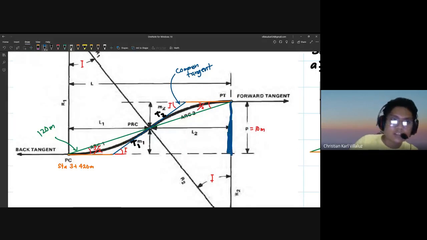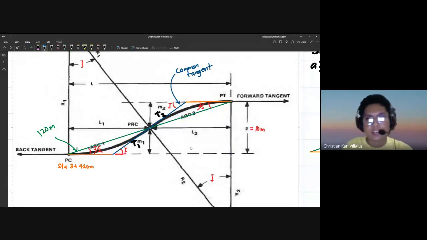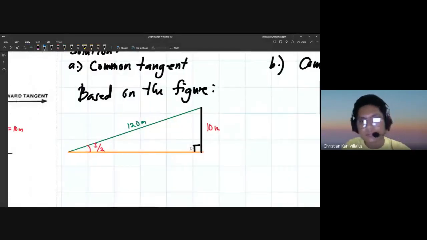Galing dyan, makaka-form tayo ng right triangle kapag kinuha natin tong triangle na to. Yung long chord, itong distance nung parallel distance, and itong horizontal line na to. Ito na yun.